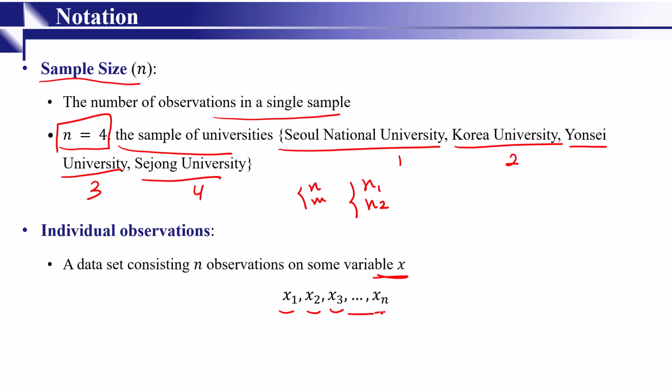The subscript here bears no relation to the magnitude of a particular observation. So x1 will not in general be the smallest observation in the set, nor is xn necessarily the largest one. It is just an index. It has no relationship with the values.